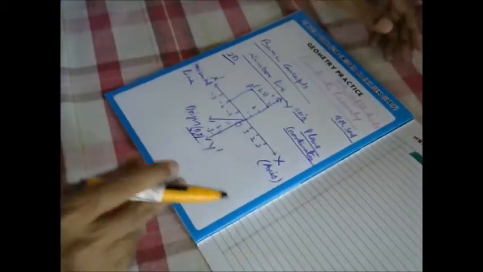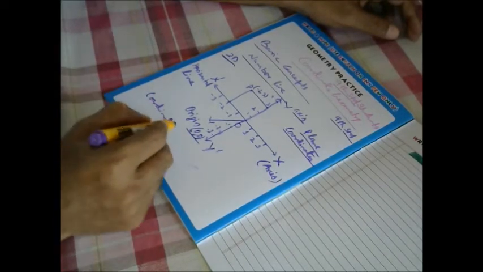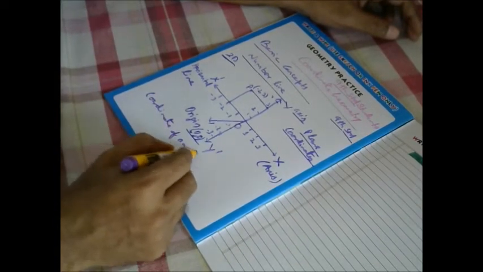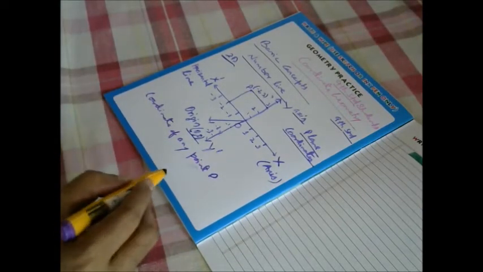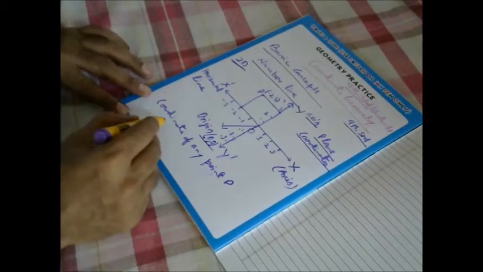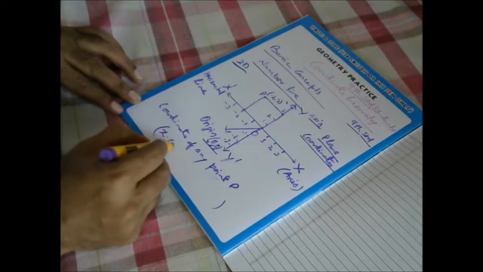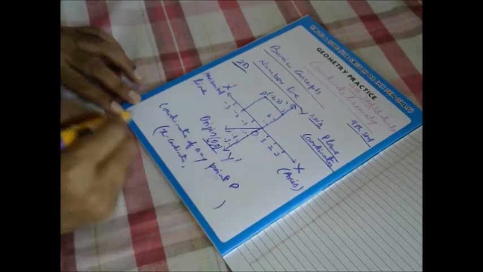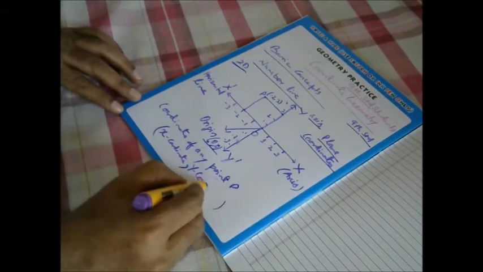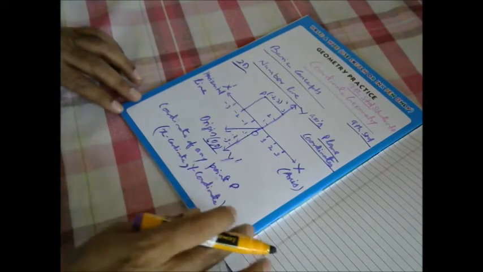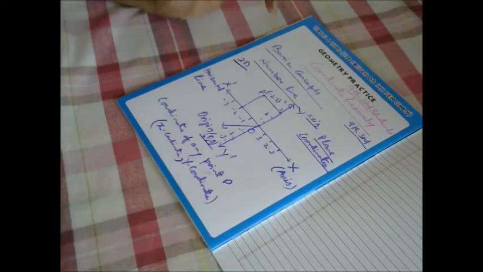So any coordinate of any point P will be in this form: the x coordinate will be written first, then comma, and then the y coordinate, which we have already done here.